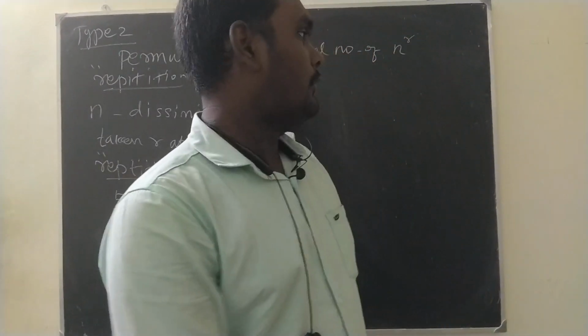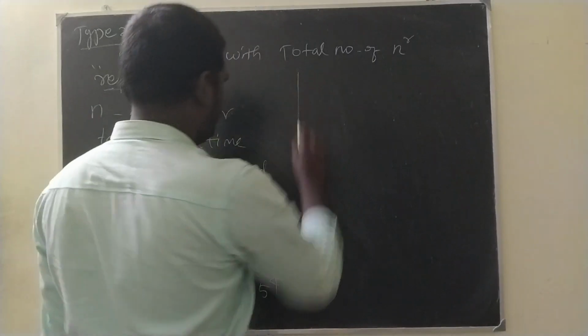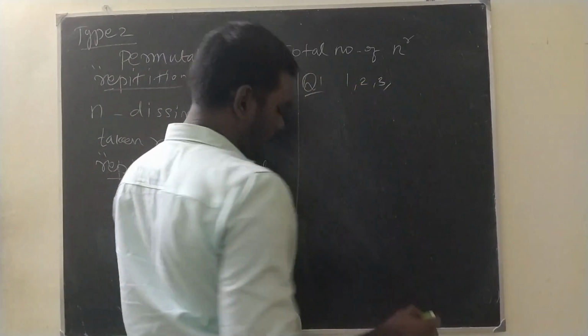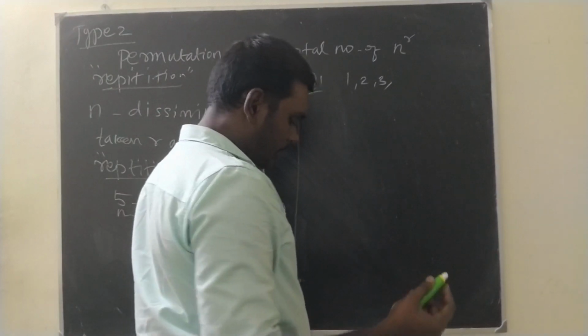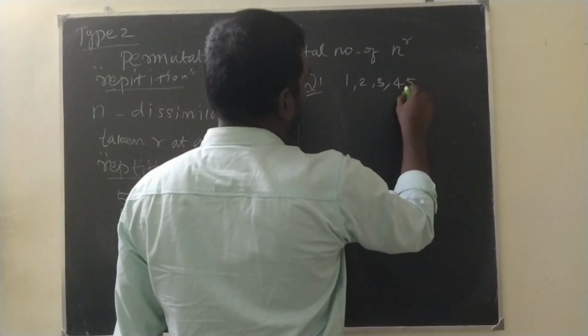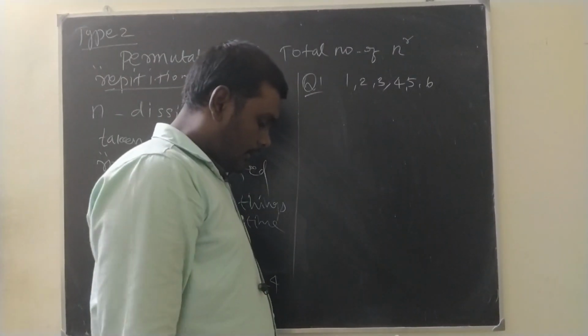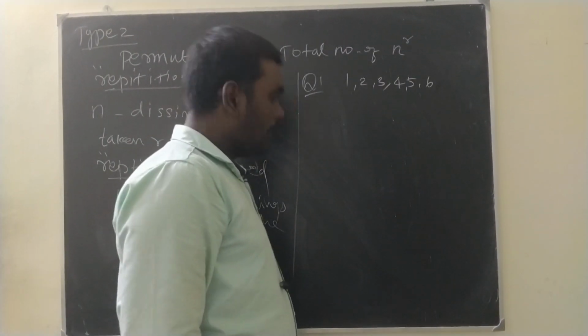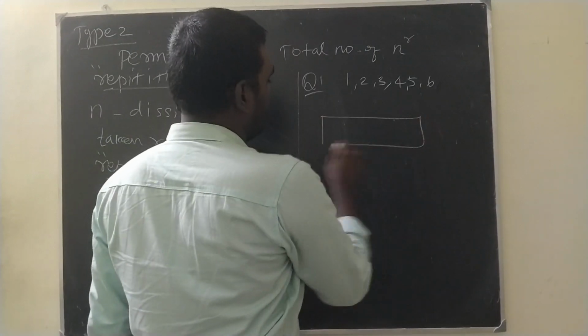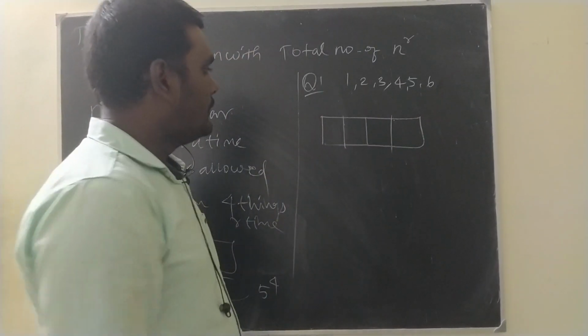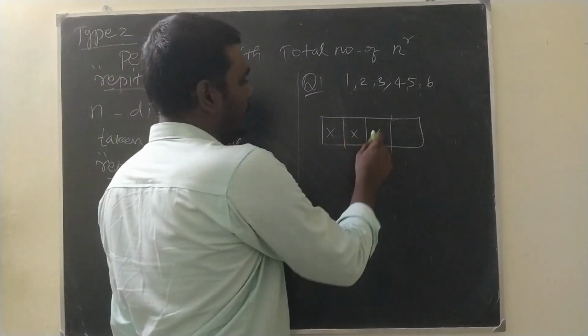We have been given 1, 2, 3, 4, 5, 6. How many numbers? 6 numbers. And we are forming a 4-digit number. The first 3 digits we can choose in any way.